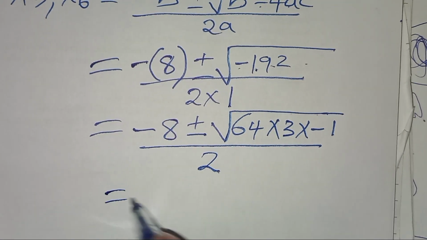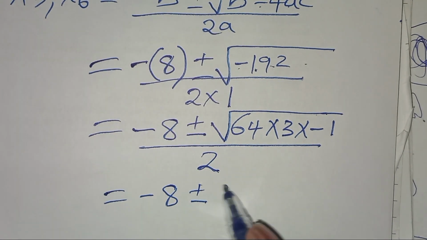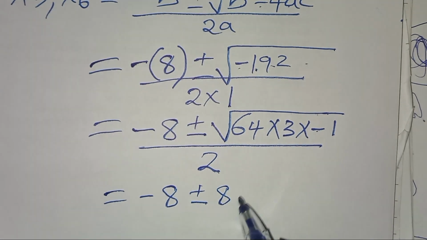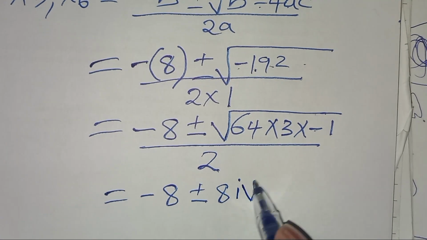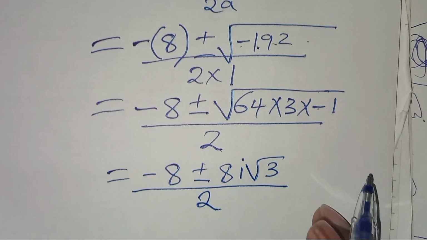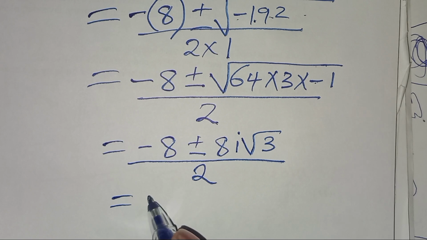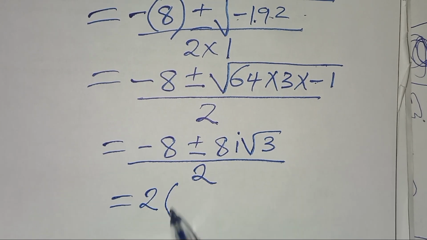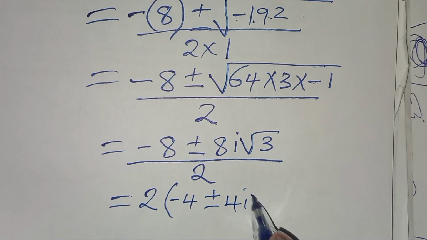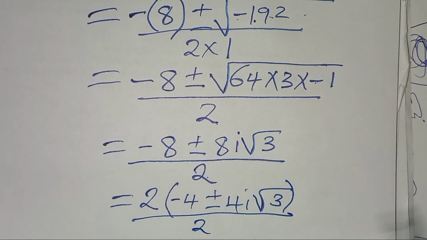Let's proceed here. This is negative 8 plus or minus the square root of 64, this is 8. The square root of negative 1, this is i. Then square root of 3, all this divided by 2. Okay. So the next phase here, we can factor out 2. 2 is common here. Then we'll have negative 4 plus or minus 4i square root of 3, all this divided by this 2.